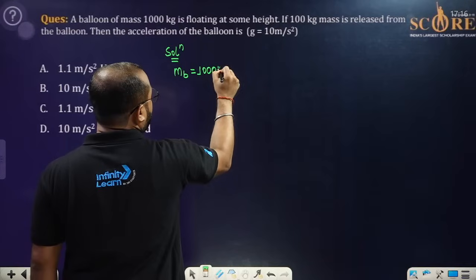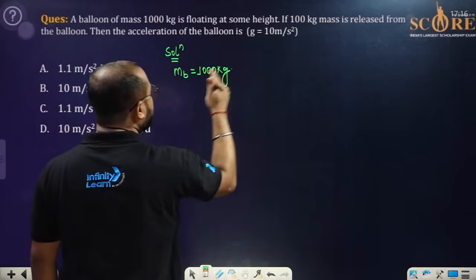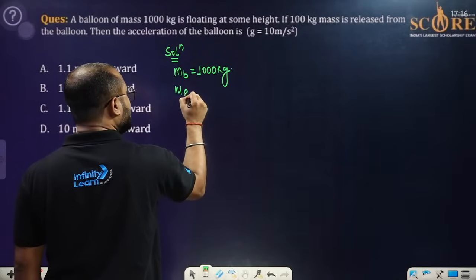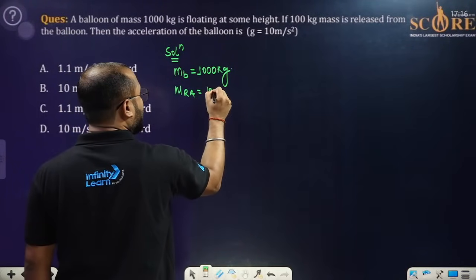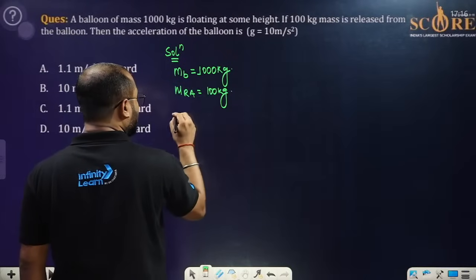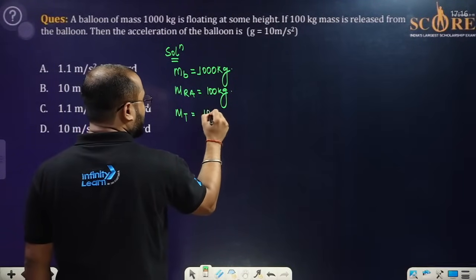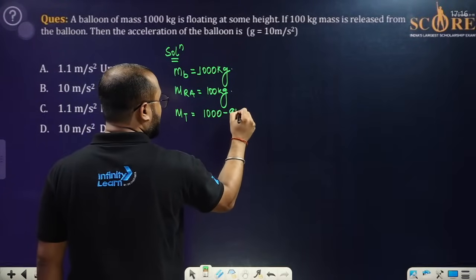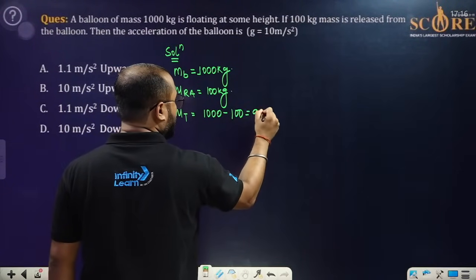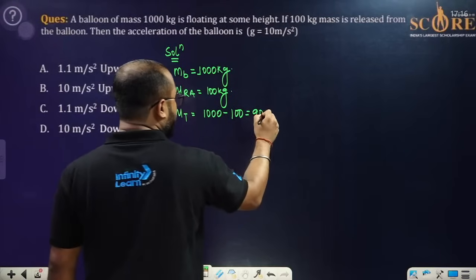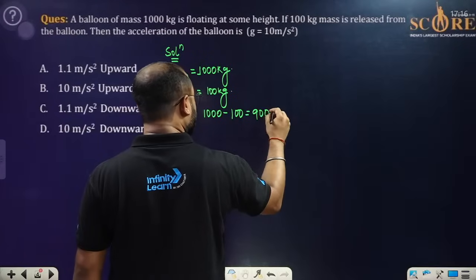And the mass of the released air is going to be 100 kg. So the total mass, 1000 minus 100, is going to be 900 kg.